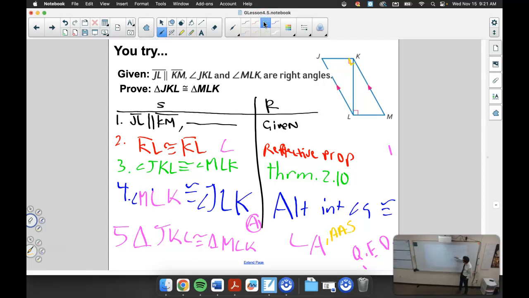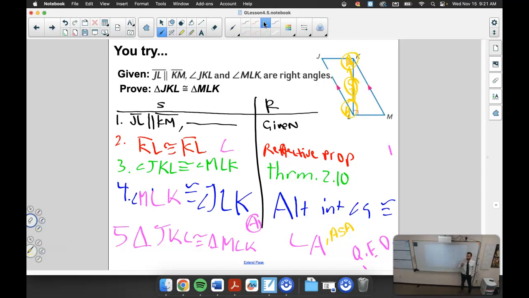Sorry, angle, side, angle. My apologies. Notice, those are labeled for us. It's this angle down here, this angle up here, and the side that's in the middle of the two.